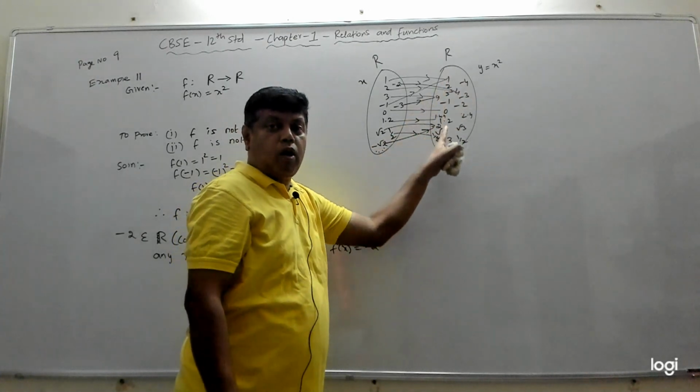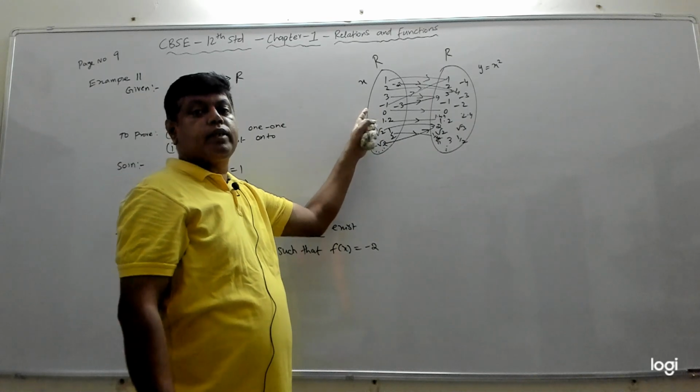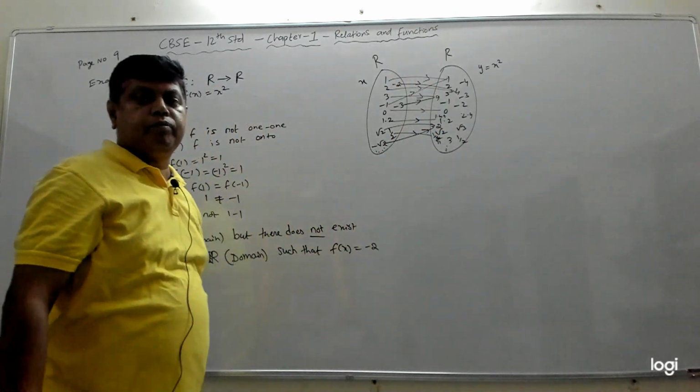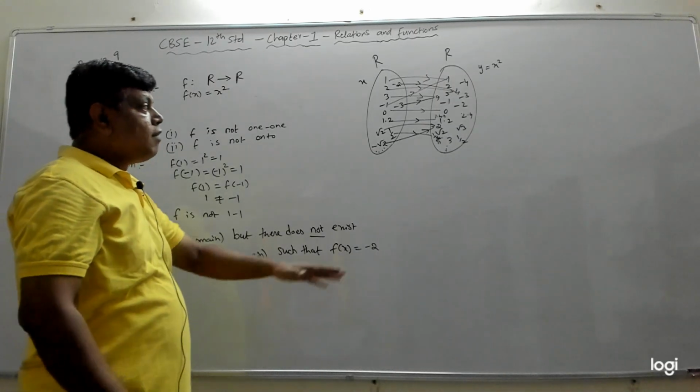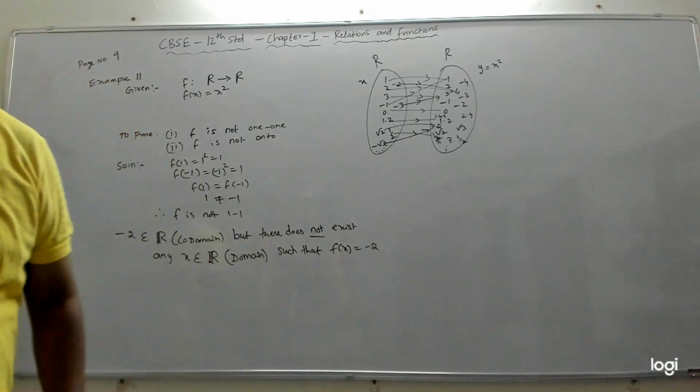Which means for all the negative numbers, there is no number x in this domain such that f of x is equal to -2, or any negative number. So none of the negative numbers can be the image of any of the numbers here. Therefore f is not onto.